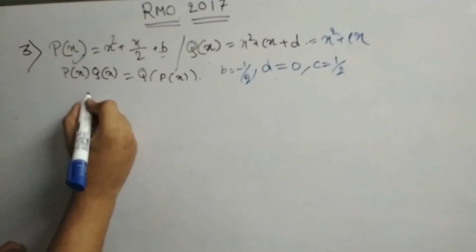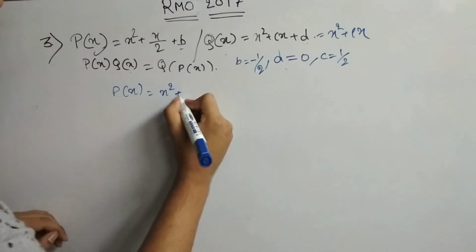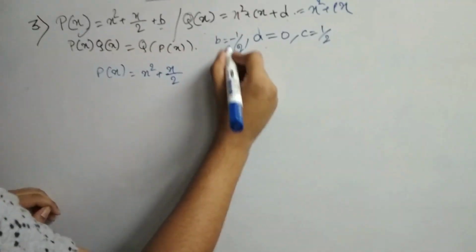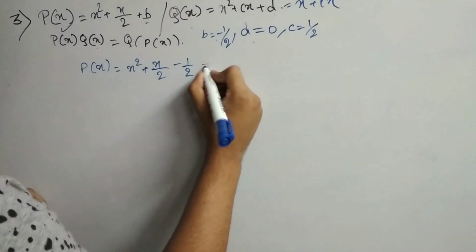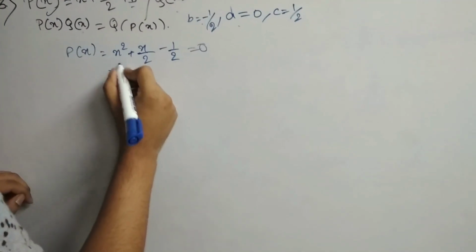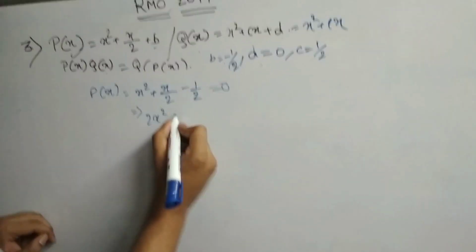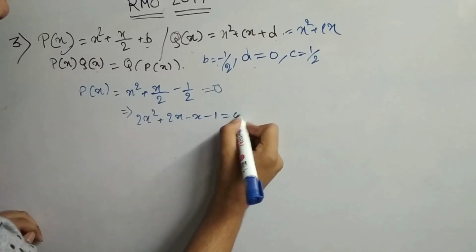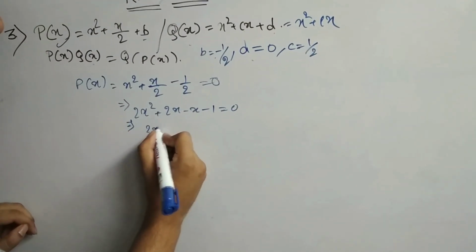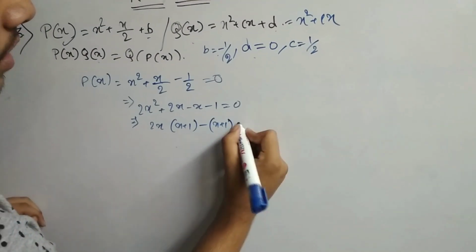So let us rewrite the polynomials. P(x) equals x squared plus x by 2, b is minus half, so minus half. Let us find the roots. If we equate it to 0, and multiply by 2, we will get 2x squared plus 2x minus 1 equals 0. Hmm, this means 2x times (x plus 1) minus (x plus 1) equals 0.